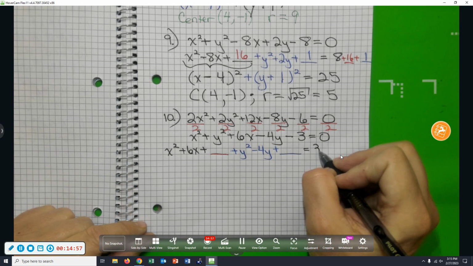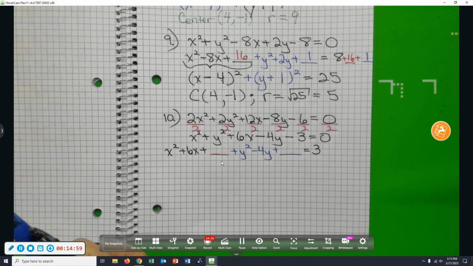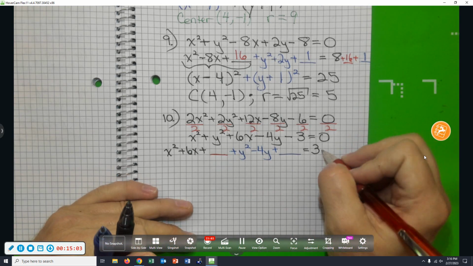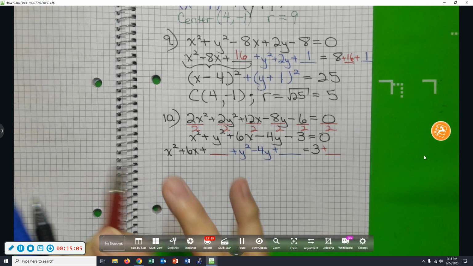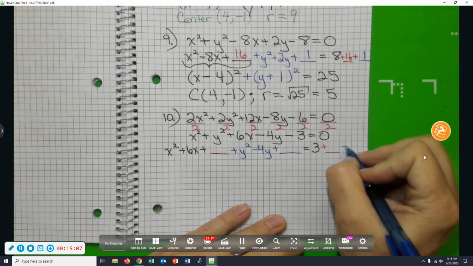A 3, and remember there are going to be two other numbers we have to add, the red blank and the blue blank. So plus and plus.